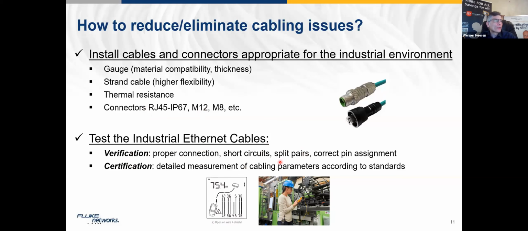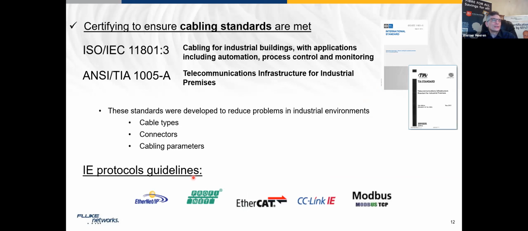Some devices can measure the length already, or you can go for certification, which gives you a better understanding of the quality of the cable before you start running your applications over it, even in an industrial environment. It's always good to have guest speakers, so that it's not only Fluke Networks telling you something, but this is from industry and this is general. So we are telling the same.